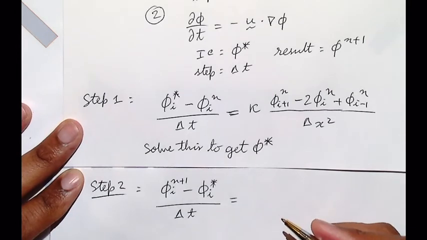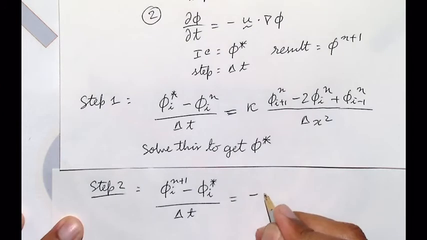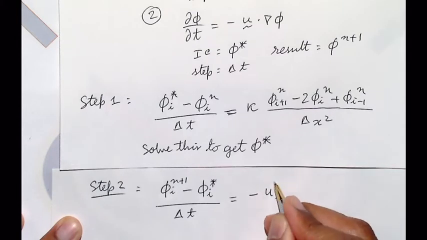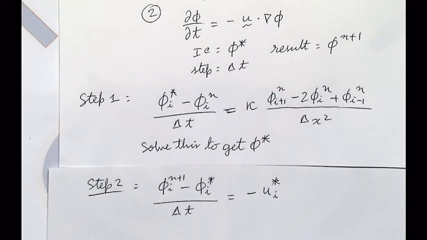It'll be kappa φ_(i+1) star... Oh, I'm sorry, we're doing u nabla φ. So now we do the advection operator. Minus u_i star or n.